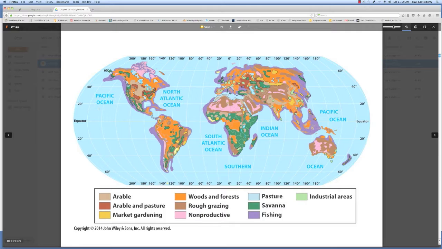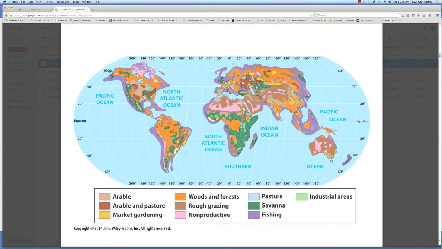Now, one of the things that we'll talk about later in the semester is global climate change, and global warming. In fact, a lot of the global warming computer models that are run are showing that northern latitudes such as Canada are going to feel the impacts of warming much more strongly, which means the breadbasket of the central U.S., if these models are correct, will begin to move into the southern provinces of Canada.